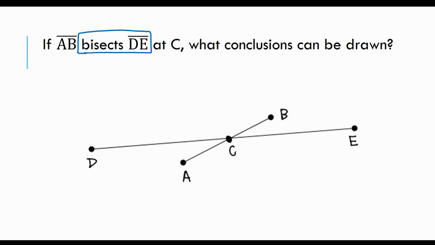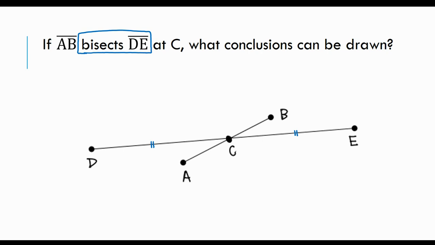So I'm going to mark it in my picture. If DE is the segment being bisected, that means DC and CE are the two pieces that are congruent. Even though it might appear that AB has been broken into AC and BC nicely, I cannot assume that.